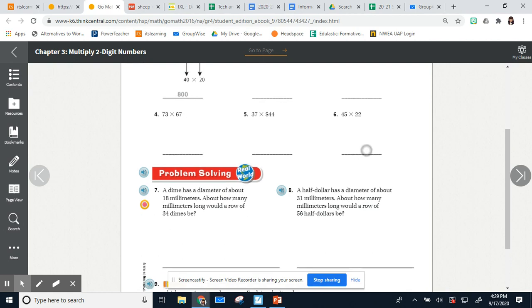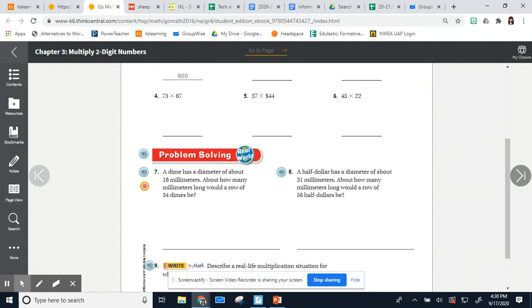So let's see. Yep. These 2 problem-solving problems you're actually going to see. So remember, the main thing you need to know is that both of these are going to be rounding. So about how many. Number 7, a dime has a diameter of about 18 millimeters.